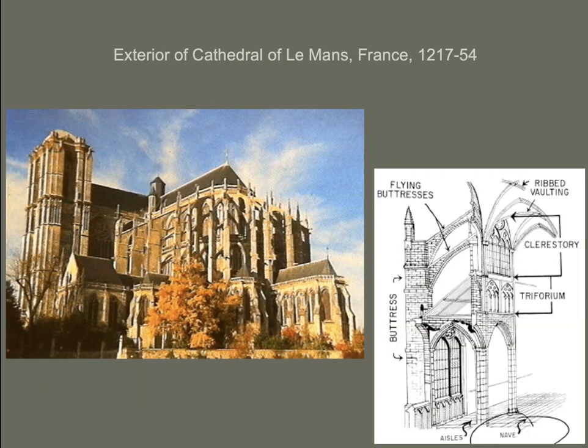On the outside of Gothic cathedrals, you'll be able to see the buttresses a little bit better. The buttresses are the reinforcements you can see here, and a flying buttress is where you have an arch that's supporting the top part of the building and then coming into those buttresses down below.